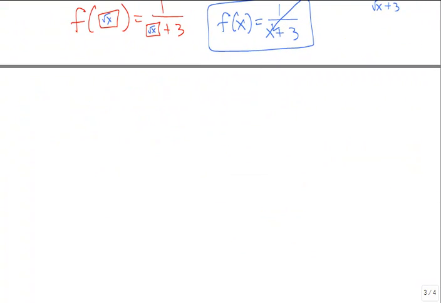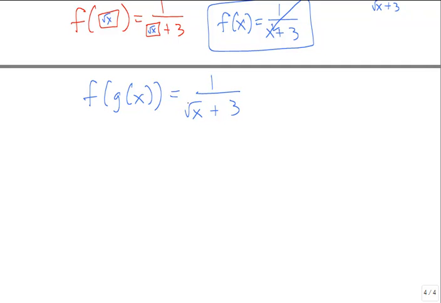Let's try one more possibility. So remember that our final rule is supposed to be 1 over square root of x plus 3. So a lot of times when I look at these, I look for those pieces again. And in the last solution, we let the square root of x be a piece. Well, one other way you could do this is you could let this whole denominator be a piece.